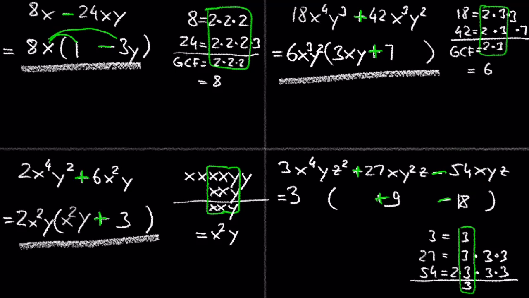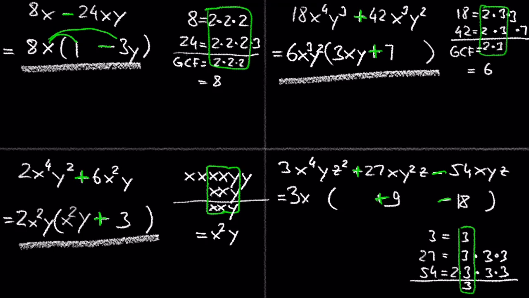We can't factor out x to the fourth because in the second and third terms we only have x. So let's factor out the x. What about the variable y?